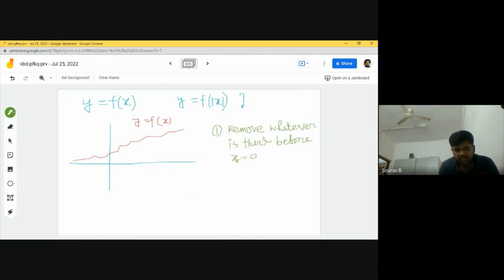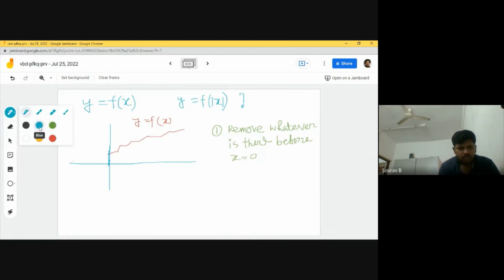Once you reach x equal to 0, then you will start removing whatever is there before x equal to 0, or the left part of this y-axis. Whatever is in the left part of the y-axis, that portion you can remove. So you will remove this portion. Sorry, this y-axis was also removed.